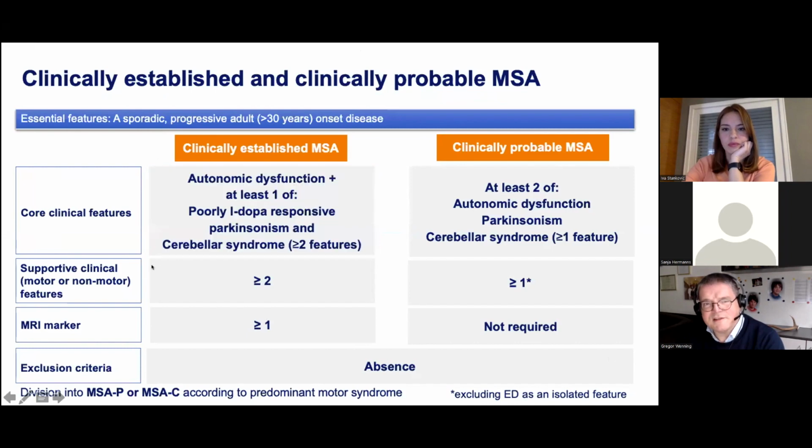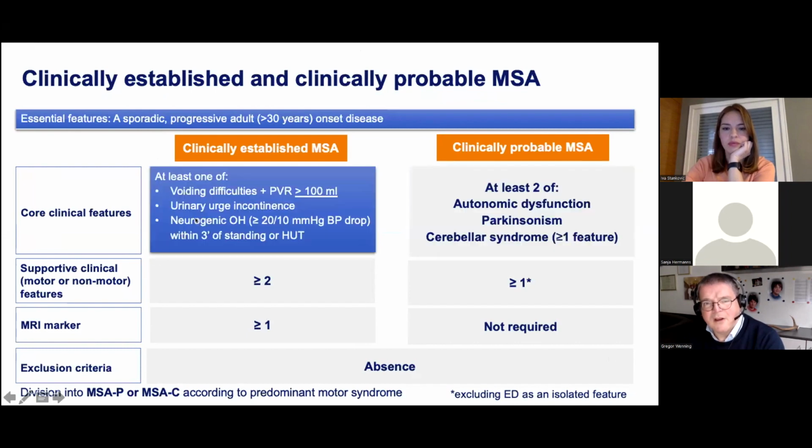The core clinical features include autonomic dysfunction with at least one of those three features listed here: voiding difficulties with the post-void residual of greater than 100 milliliters, urinary urge incontinence not explained by other causes, and neurogenic OH, defined as greater than 20/10 millimeter mercury blood pressure drop within 3 minutes of standing or head-up tilt. So at least one of those three features needs to be present.